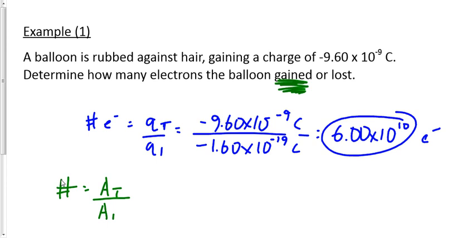It might be the total energy by the energy for 1. Whatever it is that you have. It shouldn't be too confusing, because you do it with whatever you have. If you've got mass for 1 and total mass, divide the masses. Charge, divide the charges. If you get the energies, divide the energies. Got it? But you're always going to want to do total divided by the amount for 1. Good?